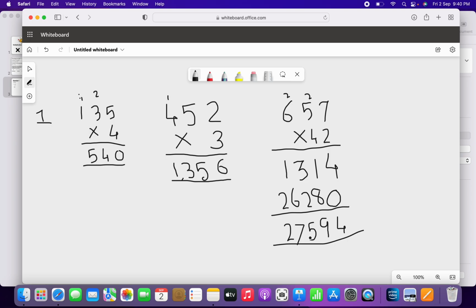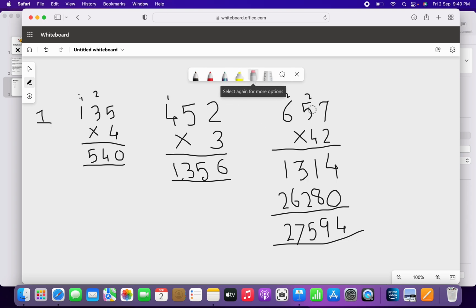Am I correct? Yeah, I think it's correct. So the answer is 27,594. Let's look at the fourth problem, the D.